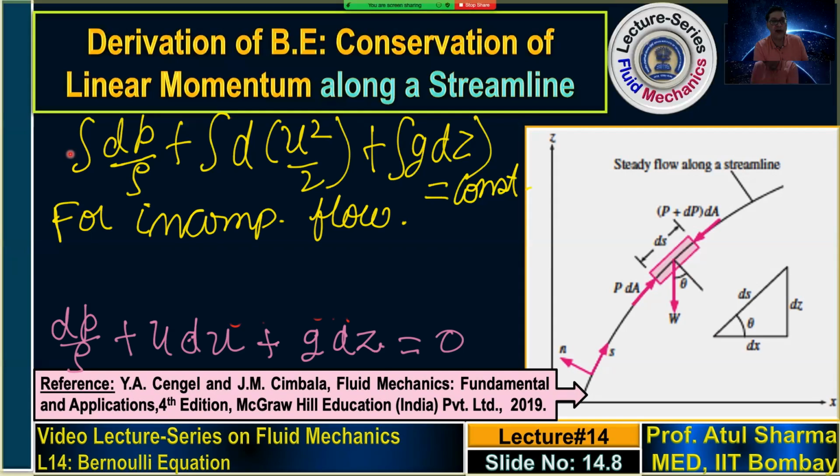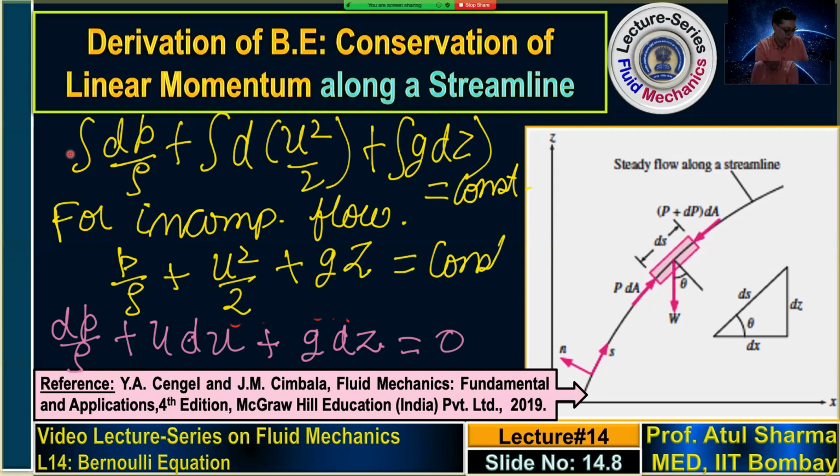Then 1 by rho you can take out of the integral, and you get p by rho plus u square by 2 plus gz equal to a constant. So for steady incompressible flow along a streamline, we have derived Bernoulli's equation as shown here.